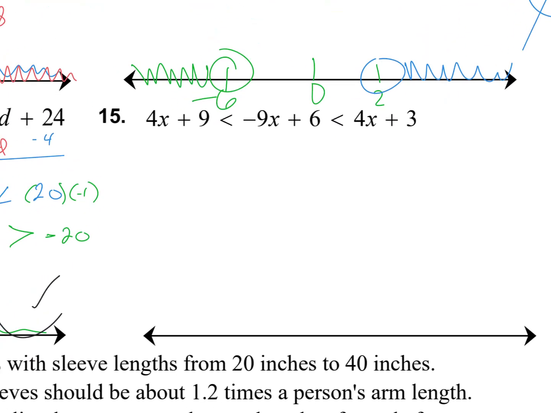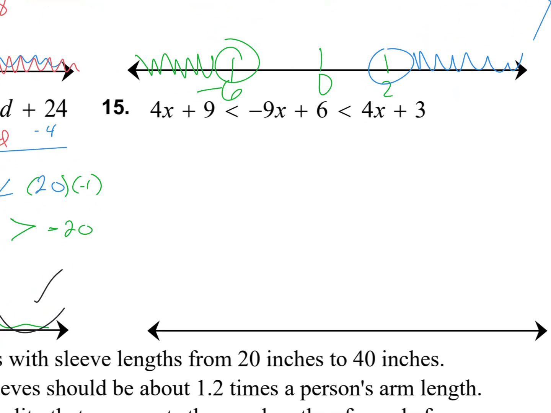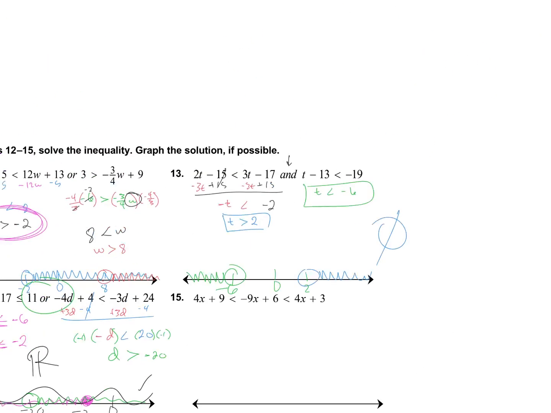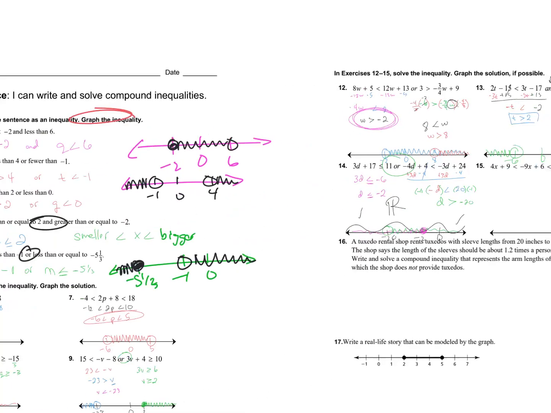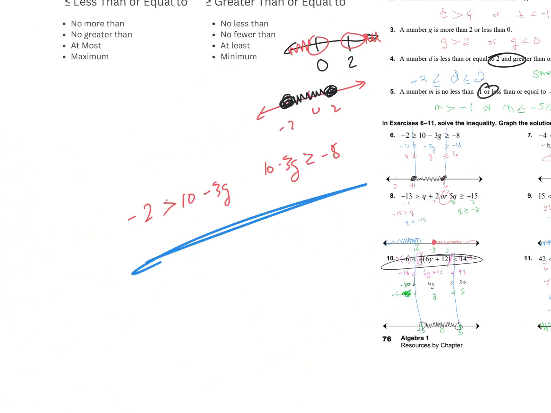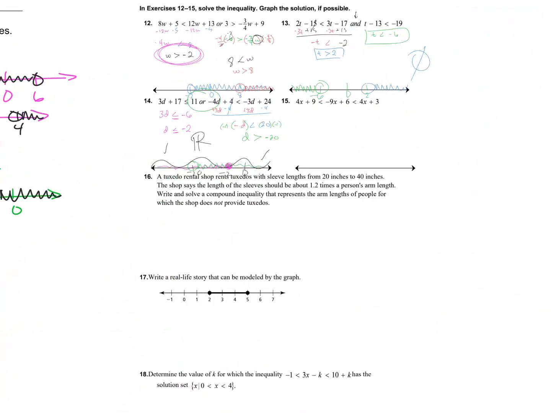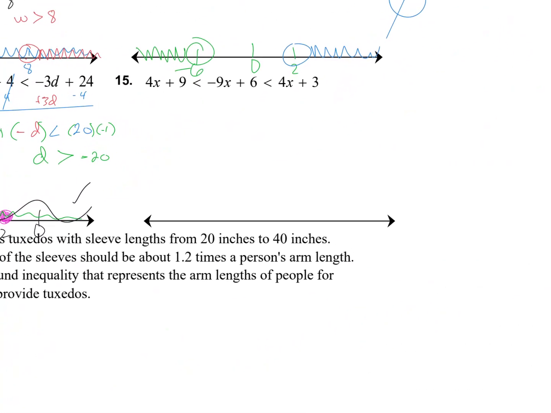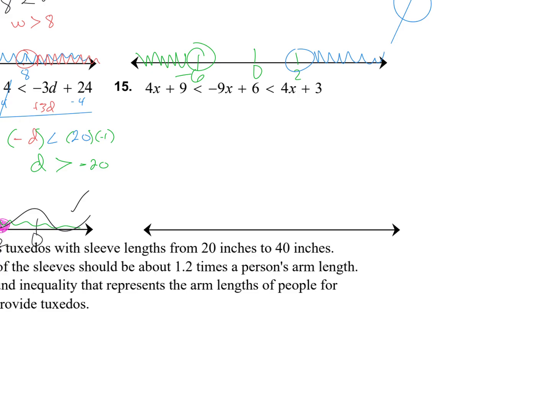Number 15. Okay, now we do have a long combined and, like I was kind of talking about. And this is the one that I said you have the option of doing separately. This is the one where I'm like, yeah, it's kind of funky. So let's do it separately.